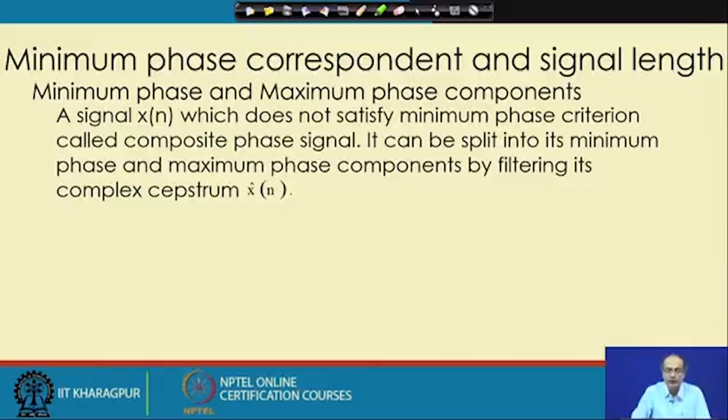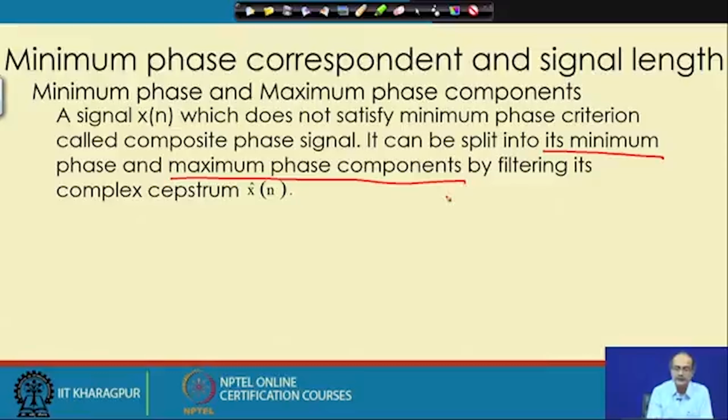So we call it a composite phase signal. That is a safe enough definition: it is composite, maybe some part is minimum, some part is not. In such a signal we can split it into two parts. One part is the minimum phase one and the other part is the maximum phase component.